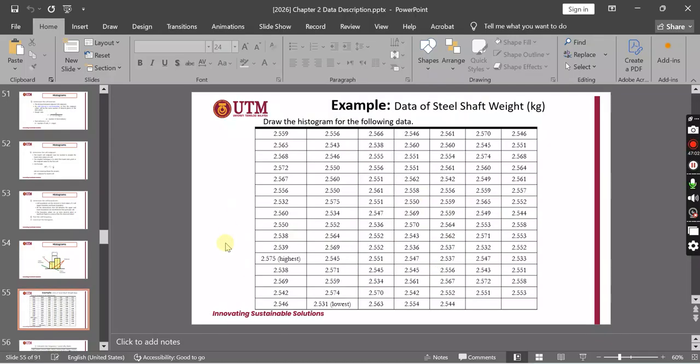This is the example that you have. You have a set of data. The highest number is 2.575 and the lowest number is 2.531. So we can find the range by subtracting the lowest number from the highest number.